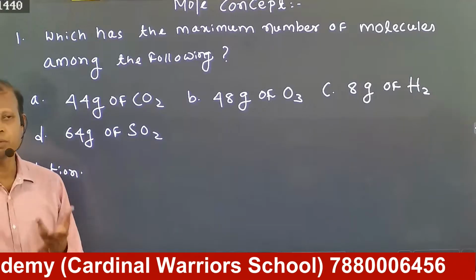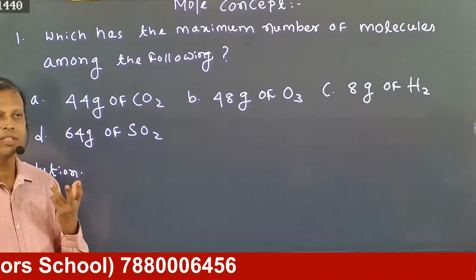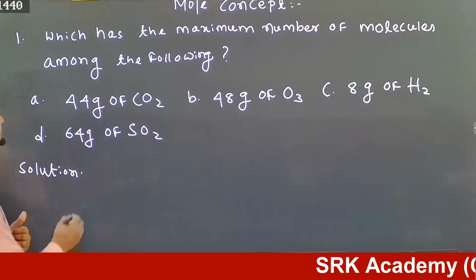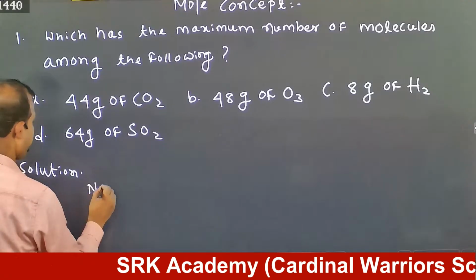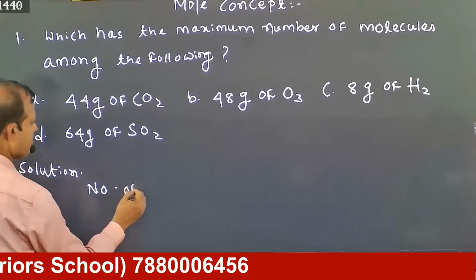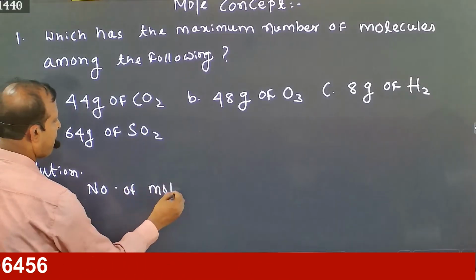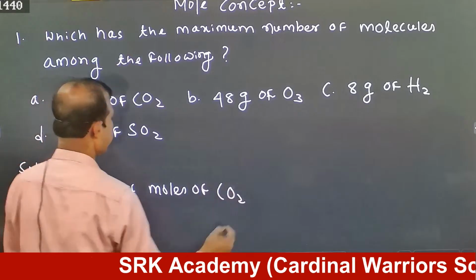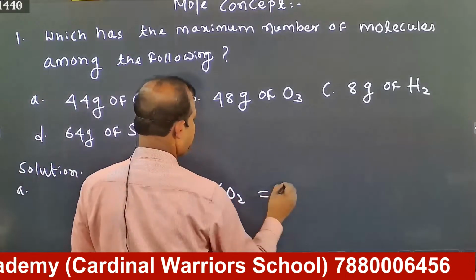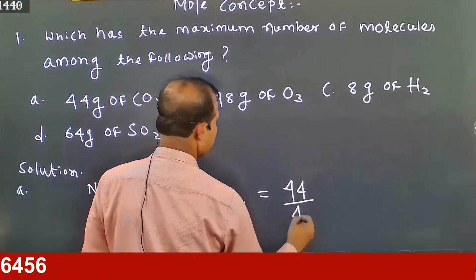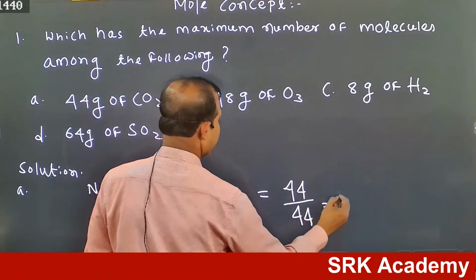What is the formula for getting number of moles? Given mass upon molecular mass. Going with option A, number of moles of CO2: given mass 44, molecular mass of CO2 is 44, so that is 1 mole.